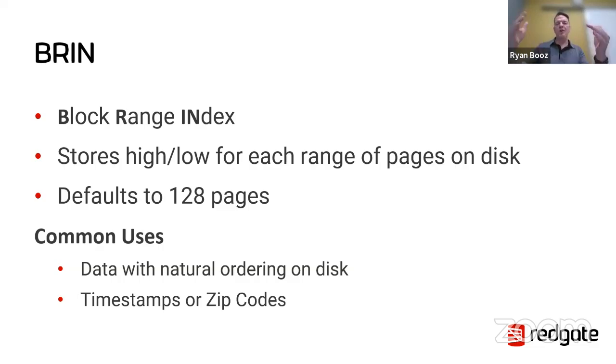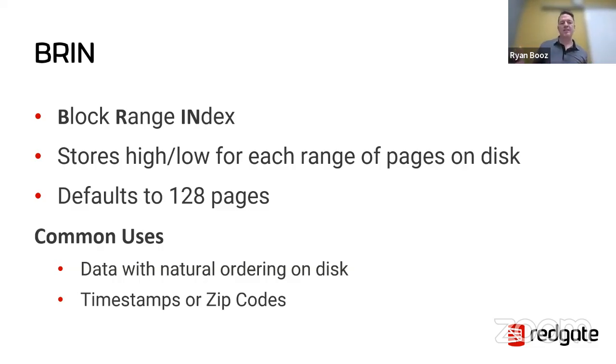And so when you read data off a page, I keep saying page, the 8K page of data that stores all of your actual row data, I still have to read that 8K page to get that one row value out. So if I can avoid reading large groups of pages, because I know the value I'm searching for does not exist in that range of pages, that saves me a lot of time and I/O.